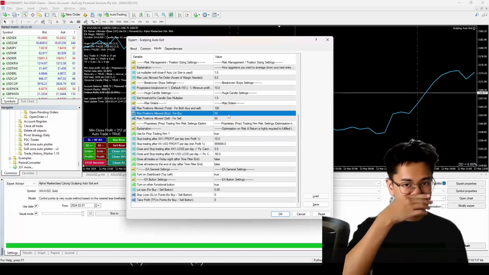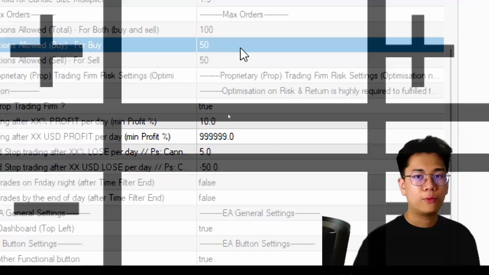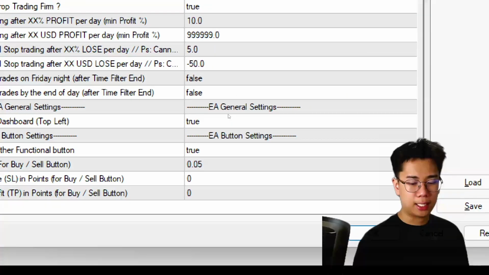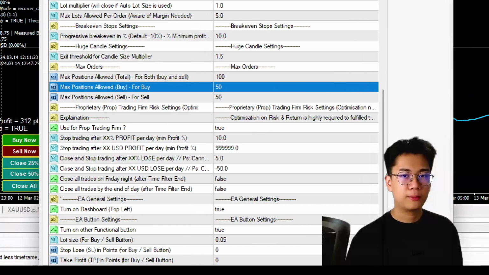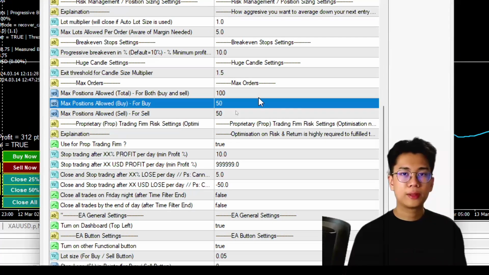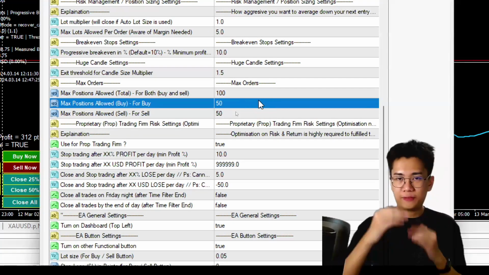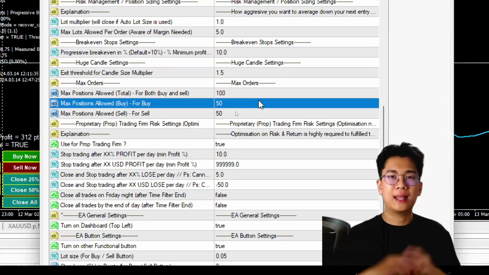The next one is some of you guys have been asking about how many dollar cost average ranges this robot can open, meaning how many layers of trades it will do. By default, it will do 50 buy and 50 sell. I mean, technically it will never happen. It just means unlimited.